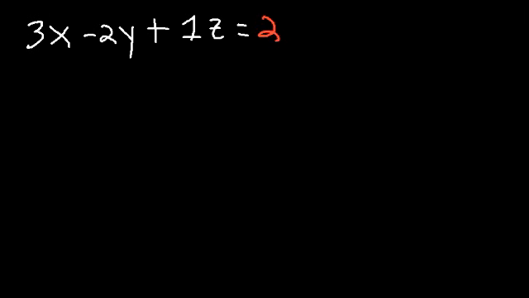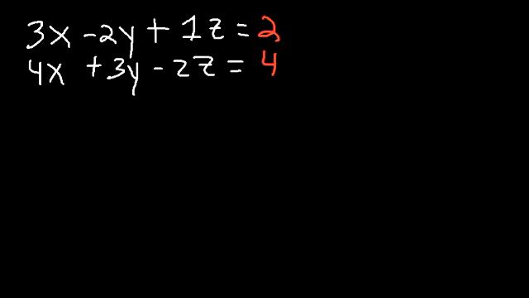Now let's work on an example. So let's say we have a system of three equations: 3x minus 2y plus 1z is equal to 2, and 4x plus 3y minus 2z is equal to 4.